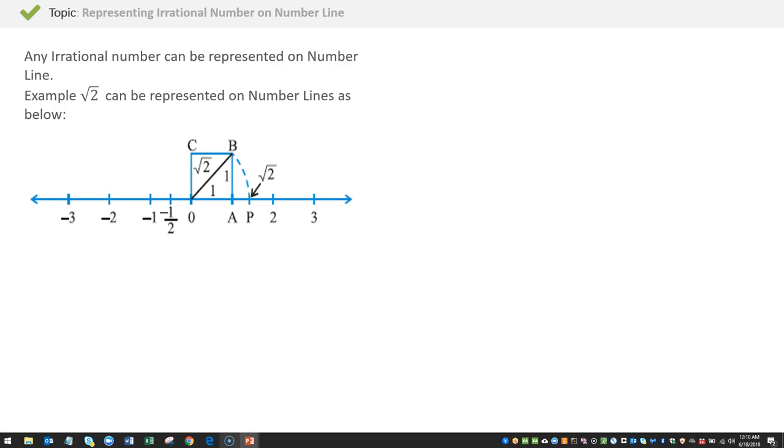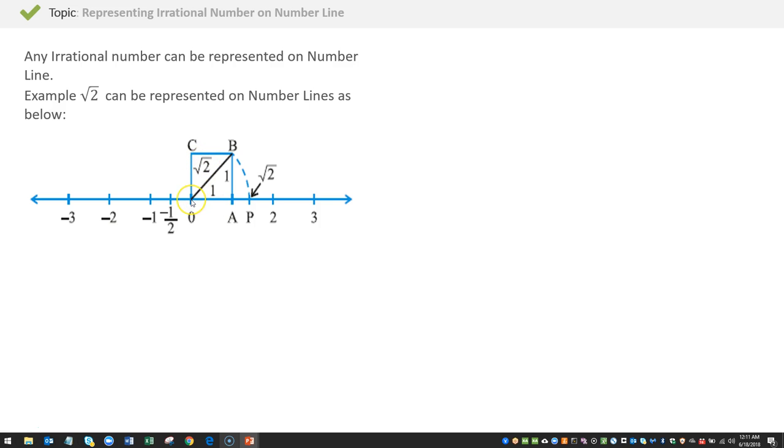To find the value of square root of 2, you draw a number line, go to the center, measure 1 unit from the center, which is OA, and then go perpendicularly up 1 unit, which gives you AB, and then join OB. What you get is square root of 2.